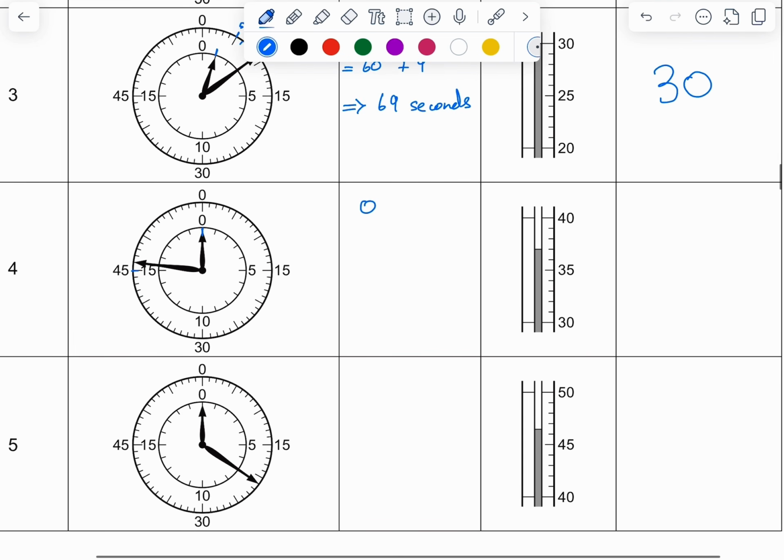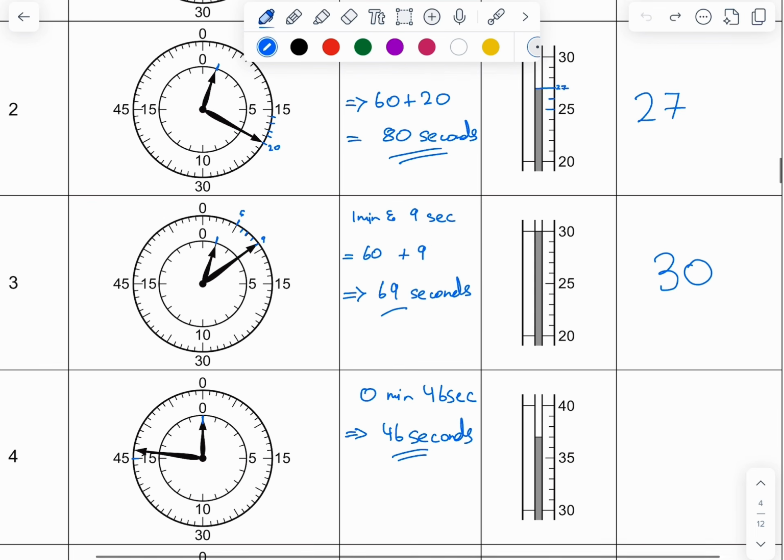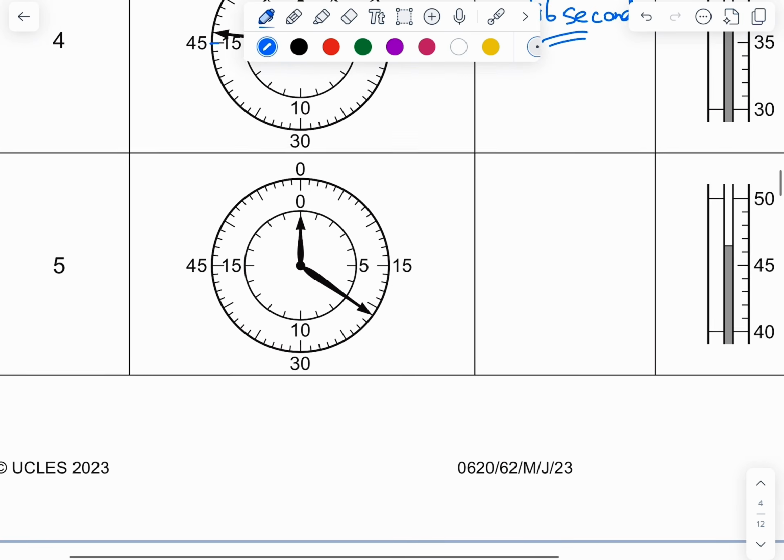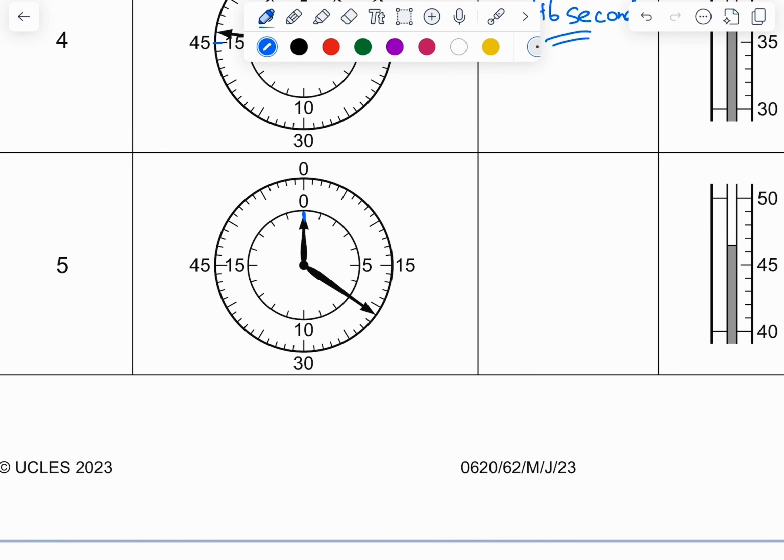All right, now the next one, the time is 0 minutes and 45, 46 seconds. So it is 0 minutes 46 seconds, which is basically 46 seconds. Next we have the time 0 and 15, 16, 17, 18, 19, 20, 21.